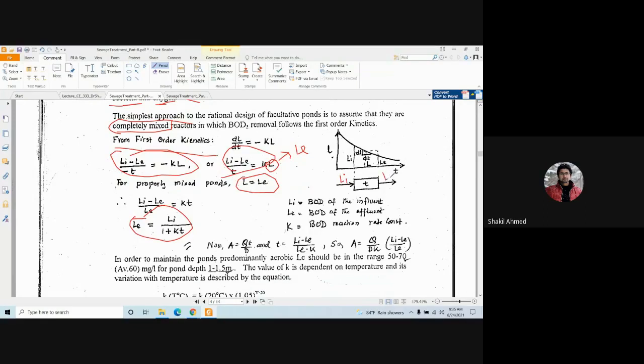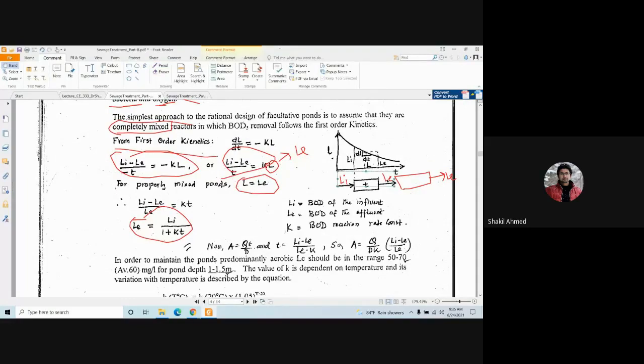Now the question is, here you have only one pond. If you had two ponds, then what would happen? That Le2 here. Then it will be T1, it will be T2. Okay.